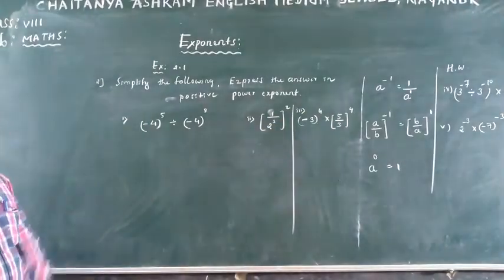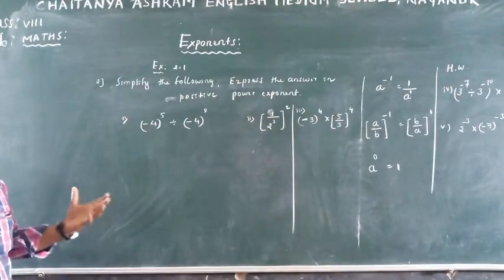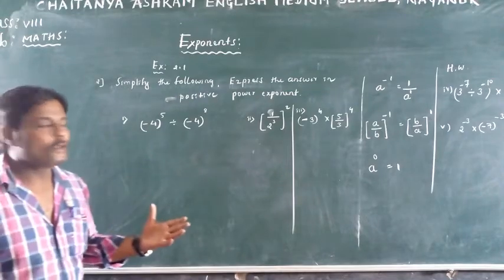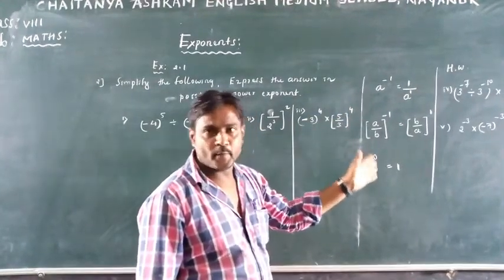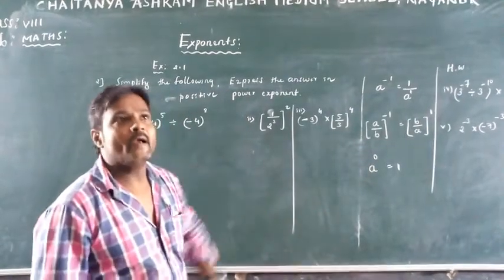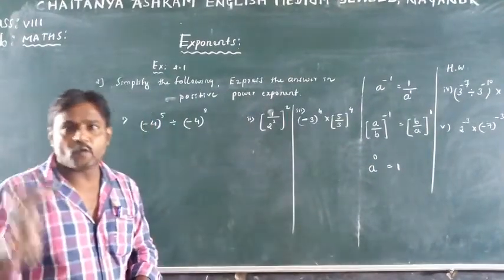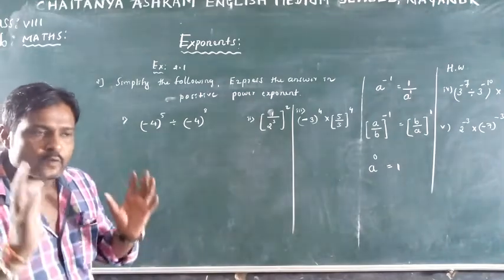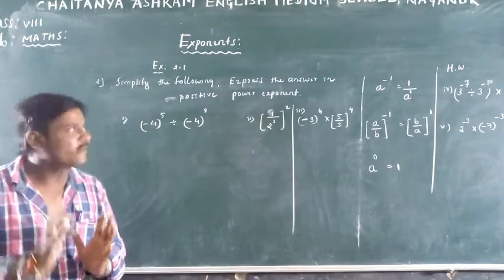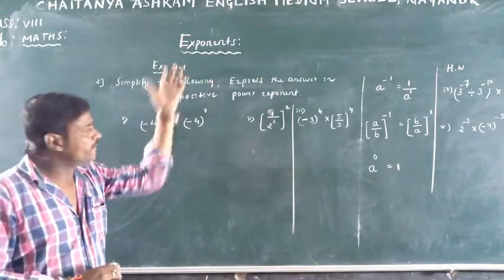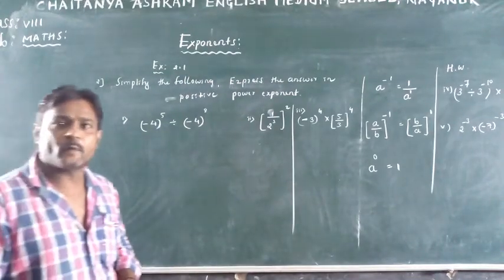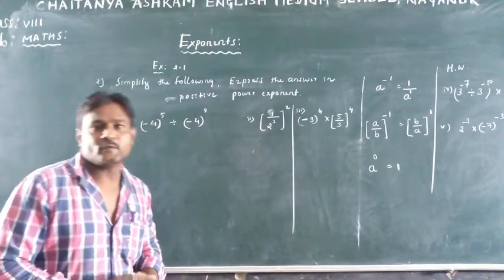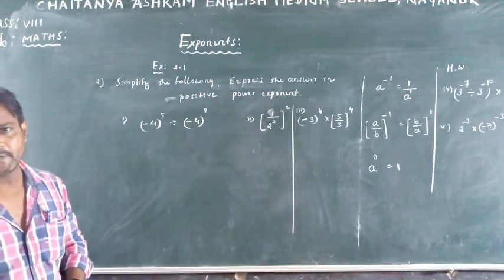So now see this one. First, we have to simplify. We use these concepts: conversion of negative exponent to positive exponent, and we use laws of exponents. Use all the concepts related to exponents, then simplify and write the answer in exponential form. That exponent should be positive power. Clear?